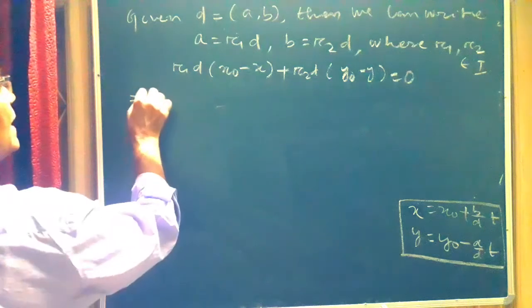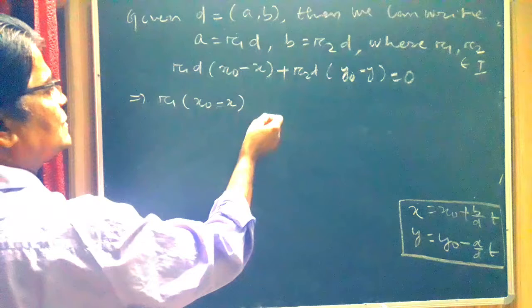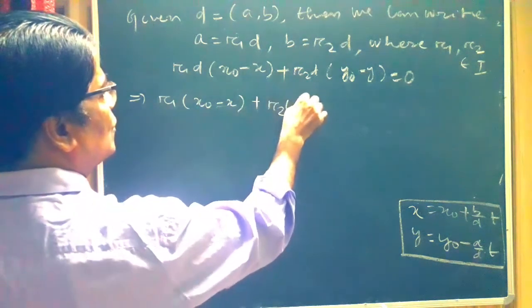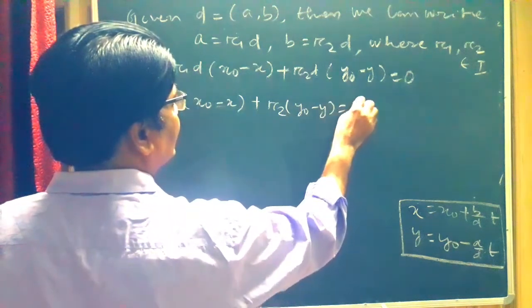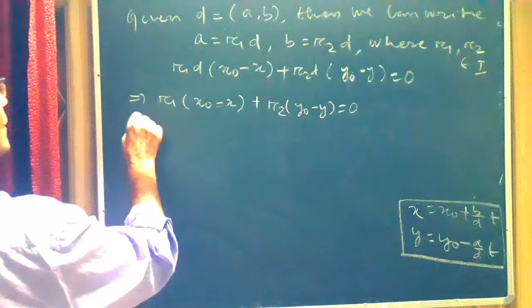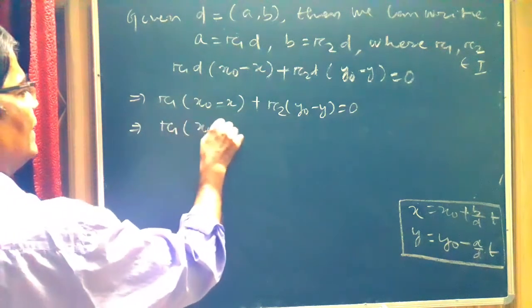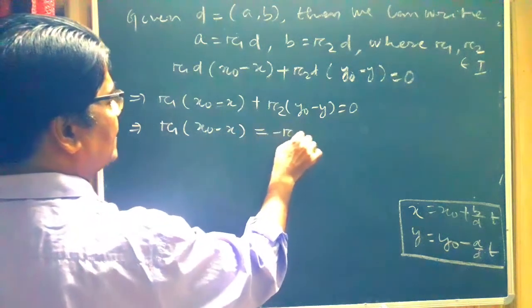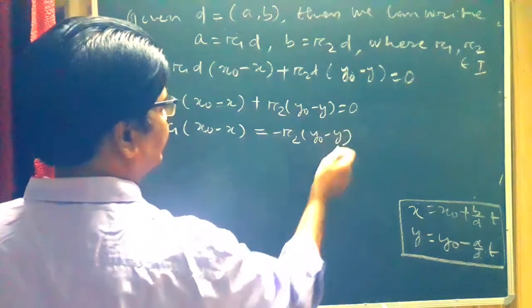So we can write r1(x0 - x) + r2(y0 - y) = 0. So this gives us r1(x0 - x) = -r2(y0 - y).